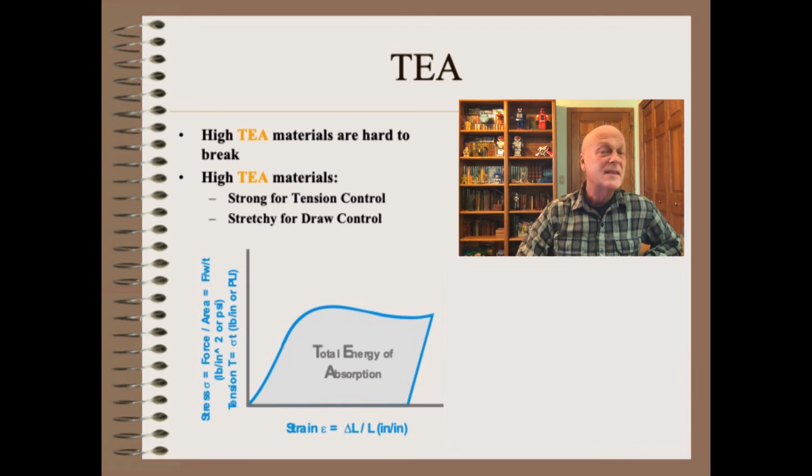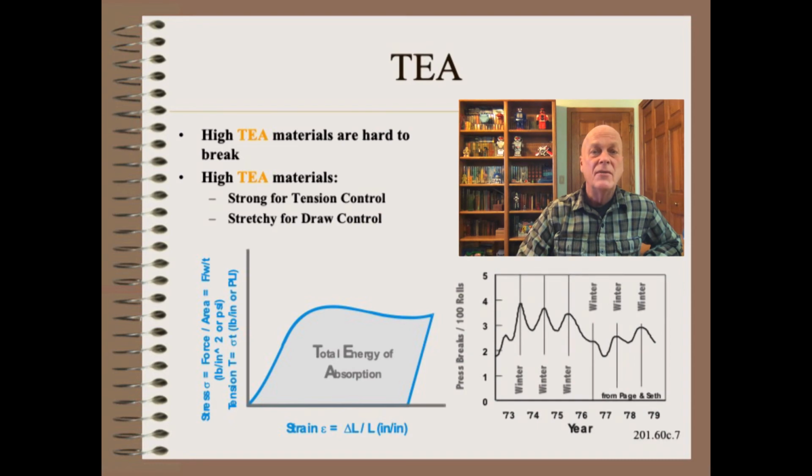What has been slightly more predictive is TEA, which is short for total energy absorption. Mechanics people sometimes call this modulus of rupture. It is one measure of ductility.